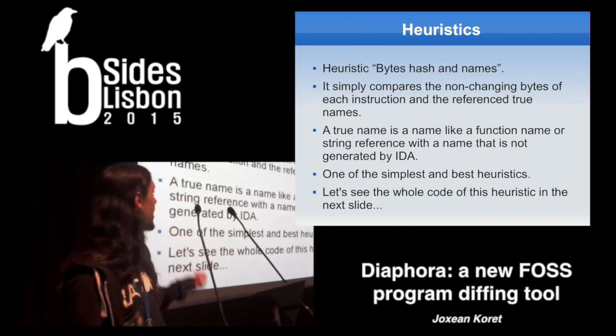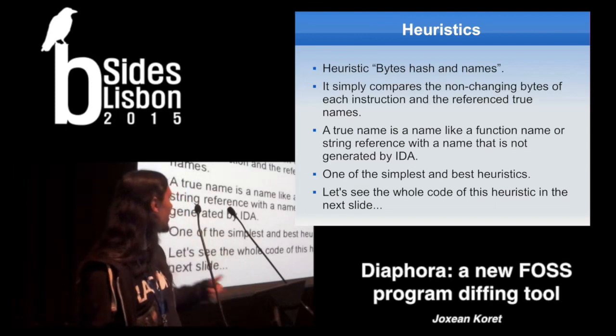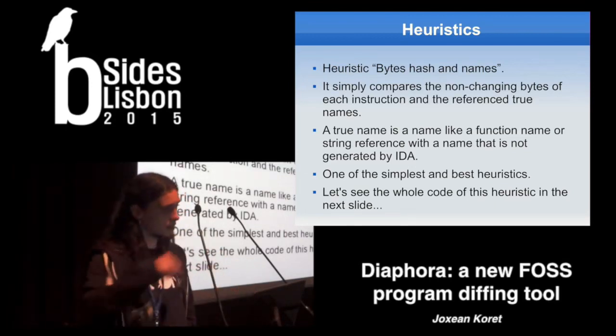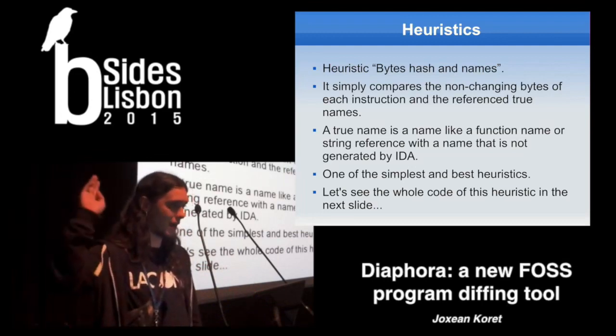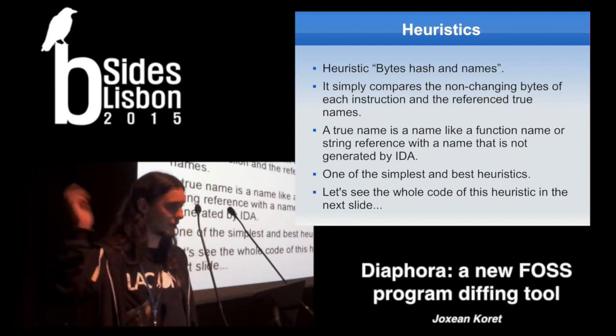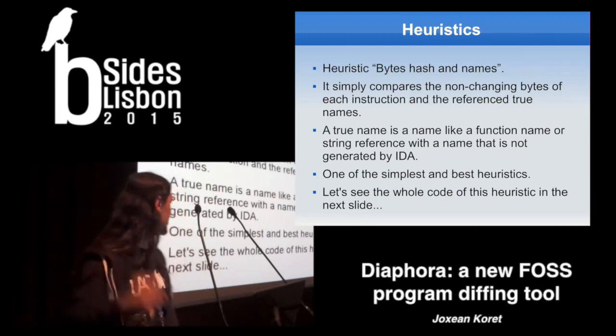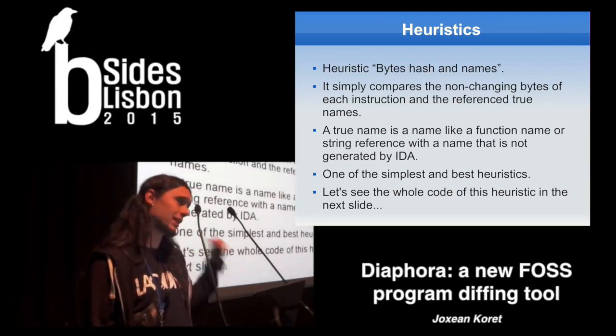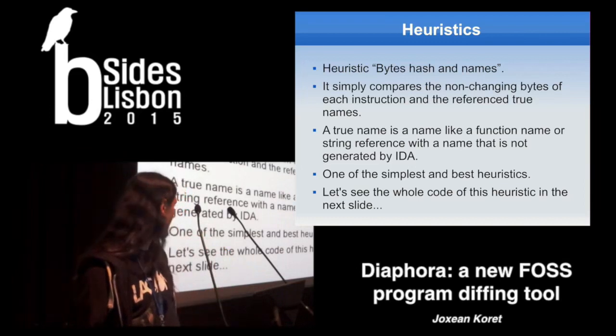A true name is a name like a function name or a string reference with a name that is not auto-generated by IDA. So it is not sub underscore an address, or off underscore an address, or dbl underscore an address. This is one of the simplest and best heuristics that is already implemented in Diaphora.